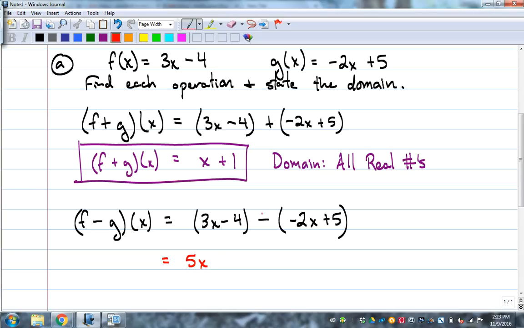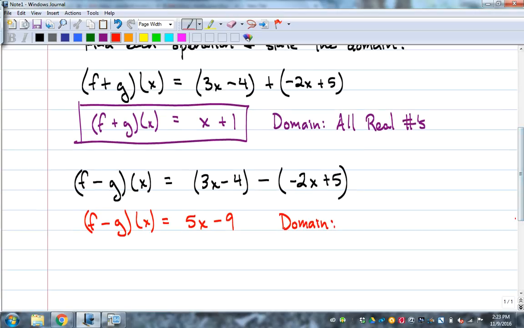And then we have negative 4 minus 5, which would be negative 9. So the subtraction of those two functions is 5x minus 9. What about the domain of those? Are there any red flags? No square roots, no 1/4 powers or any even indexed roots. No x's in the denominator, so the domain would be all real numbers again.